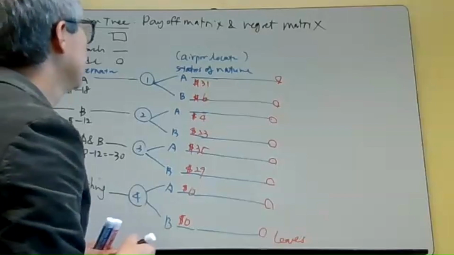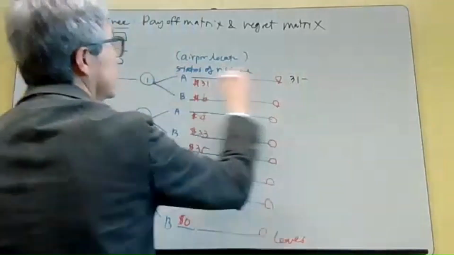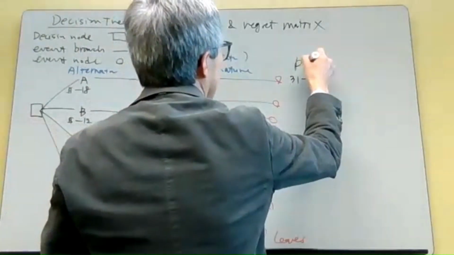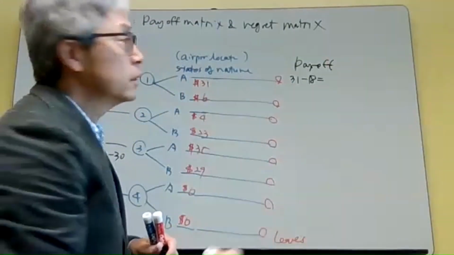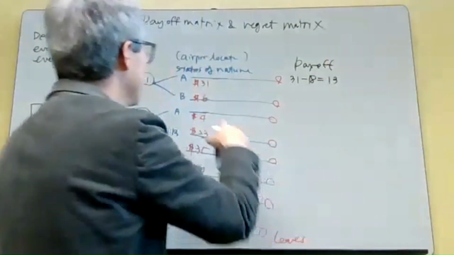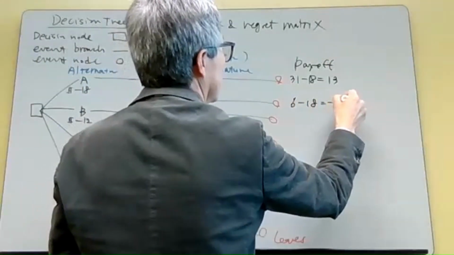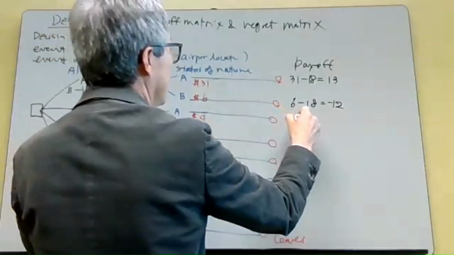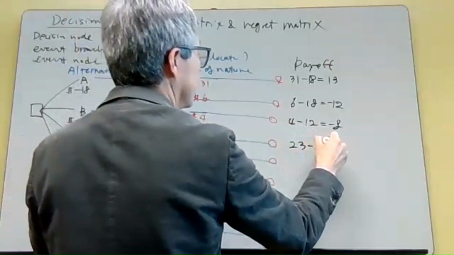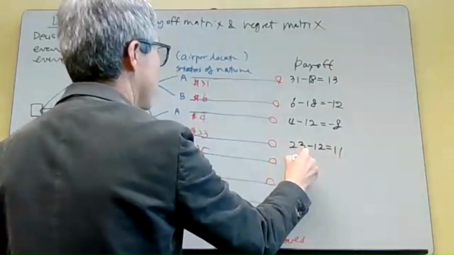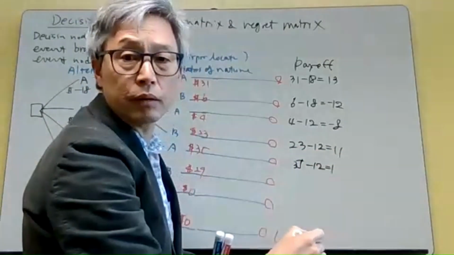So the payoff will be 31 minus 18, payoff. 31 minus 18, so it'll be 13. And then 6 minus 18, so minus 12. 4 minus 12, minus 8. 23 minus 12, 11.